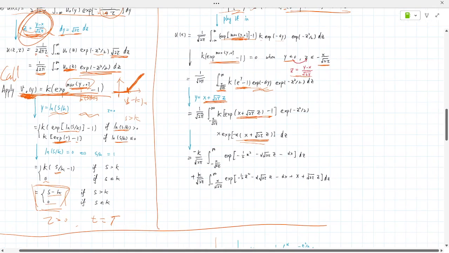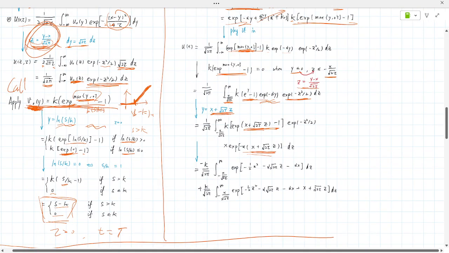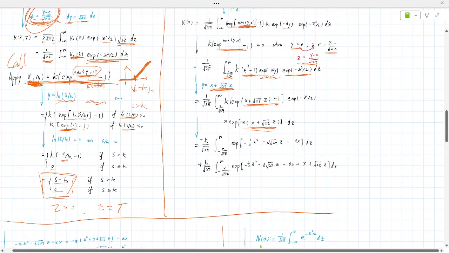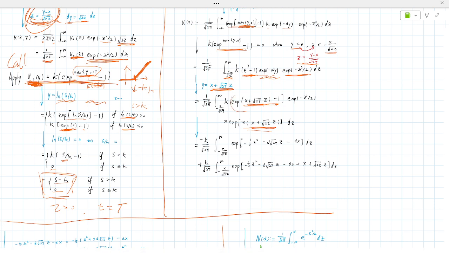And then, of course, don't forget exponential Gaussian, negative z squared over 2. And we can multiply this into two terms. One has this, another has this.